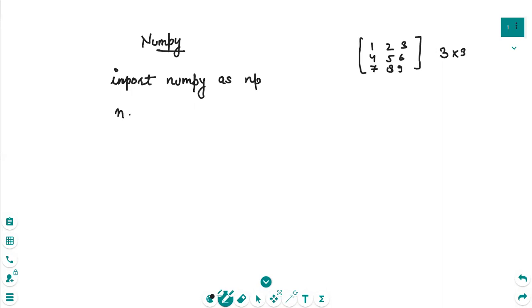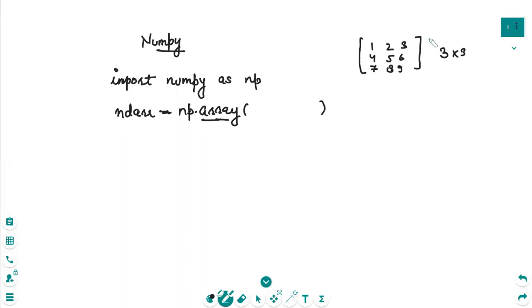Take a variable whose name is nd array, right? nd array is equal to, now create an array by using the library and call the method array, right? This is the method which will create an array in Python, and just pass the dimensions, how many dimensions you want to create with your array.